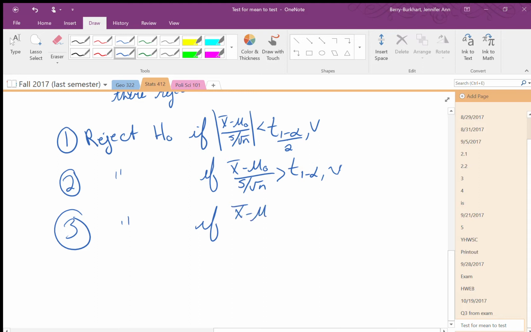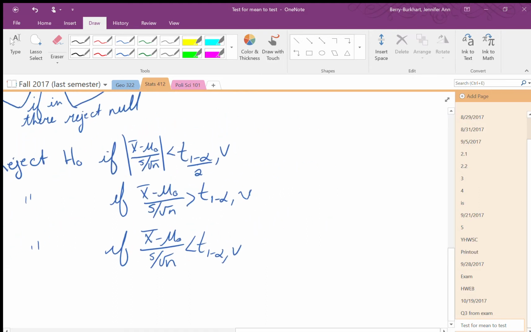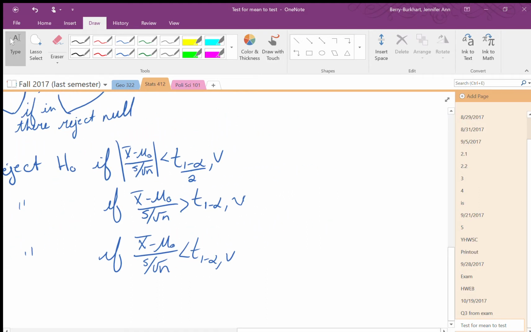This one would be, or x bar is greater than mu naught plus t 1 minus alpha nu s over the square root of n, or x bar.